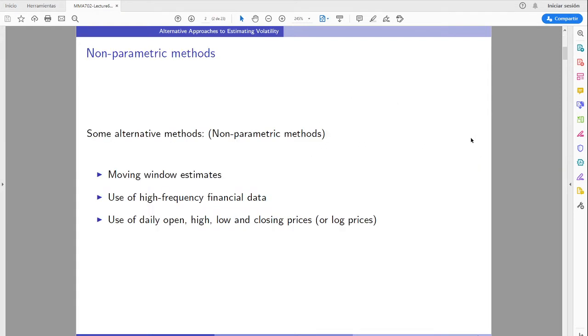Besides parametric methods, which are the ones we have studied already, there are non-parametric methods, namely we can do moving window estimates. High frequency financial data can be modeled without parametric models, and then the use of open, high, low, and closing prices can actually work better if we use certain non-parametric models.